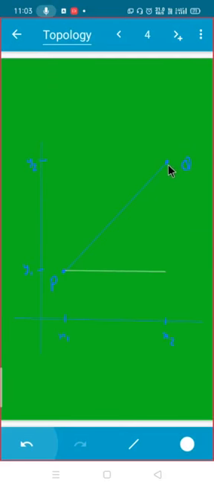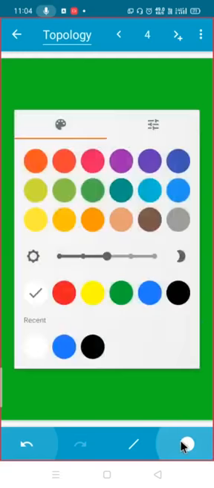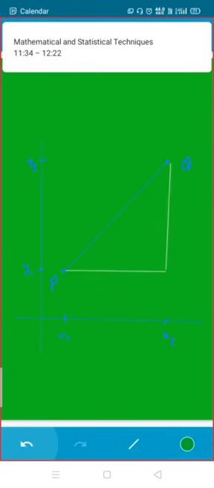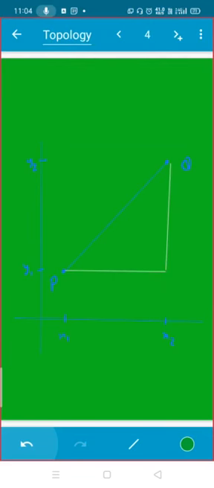This is what you are saying, Shreyas? Yes, sir. Correct. Can somebody give me any other way? Is there any other way you can give me to go from P to Q?